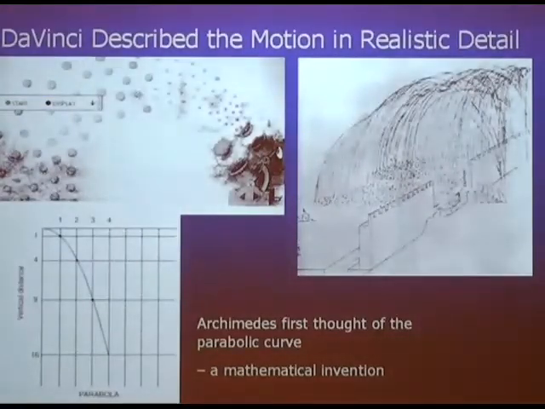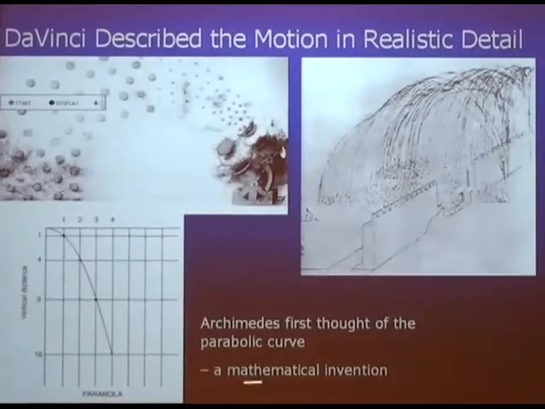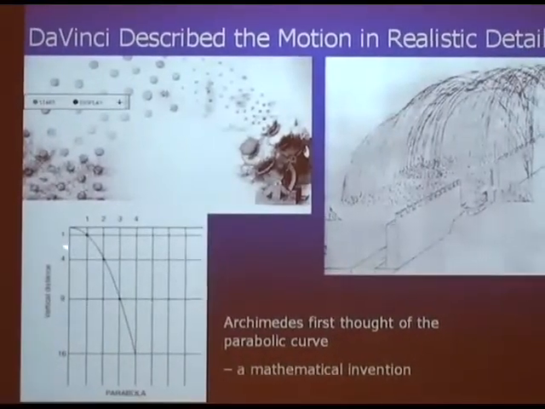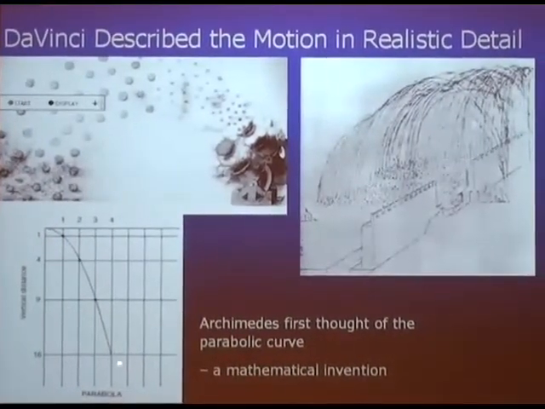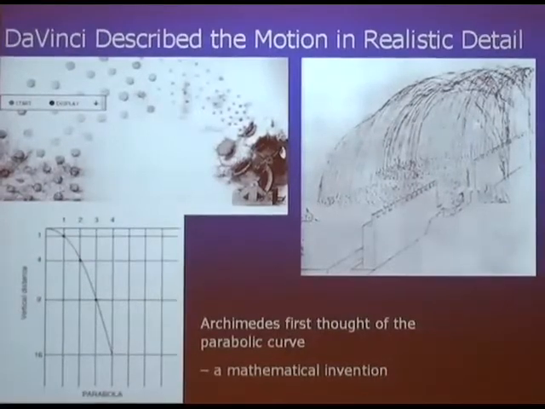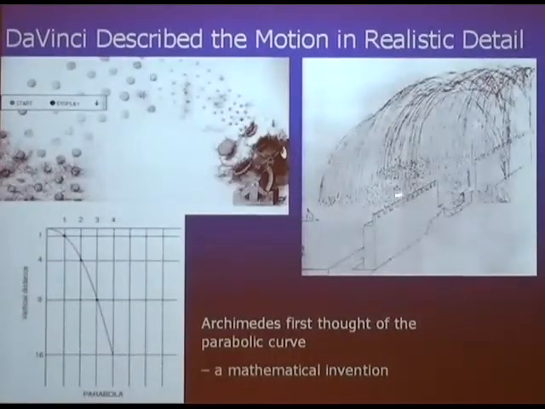And if you remember, I had shown you that Archimedes was the first person who thought about the mathematical curve of the parabola, although he did not apply it to motion of water, and that Da Vinci had shown that the path of water fountains or cannons and so on is in fact a parabola.